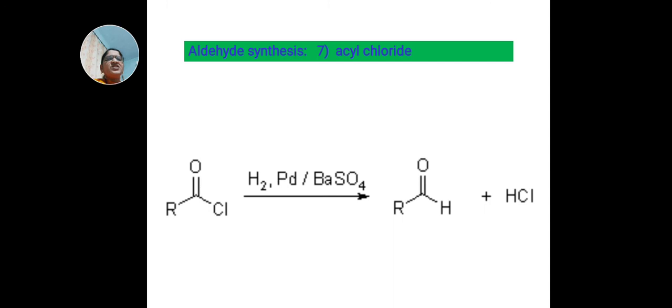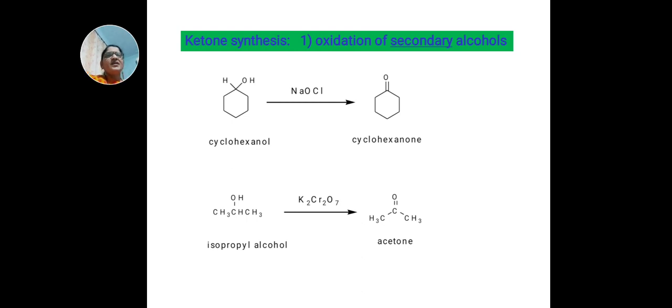The next reaction is with acyl chloride, having formula RCOCl. Then by reduction in presence of H2, palladium and barium sulfate, it forms RCHO.